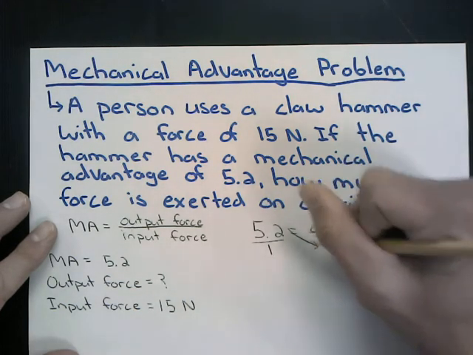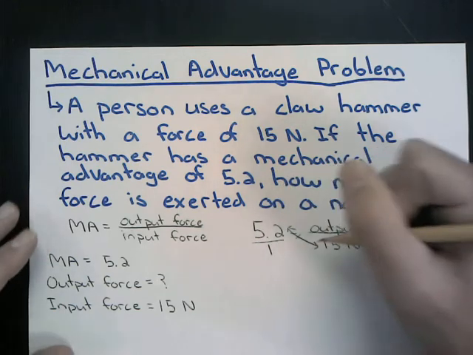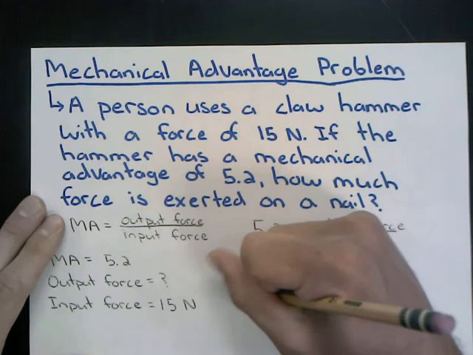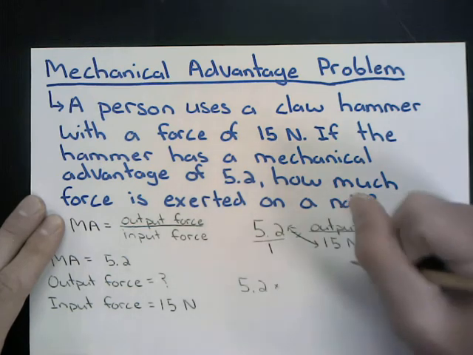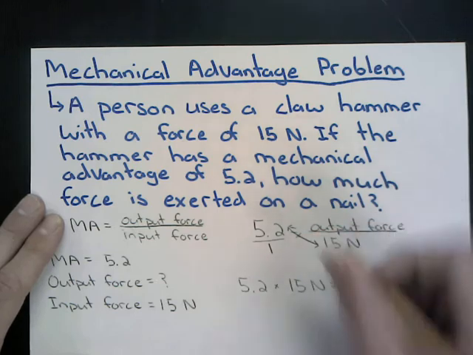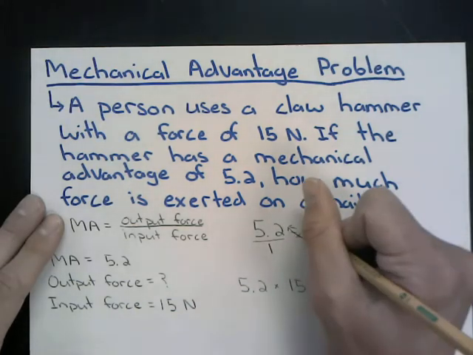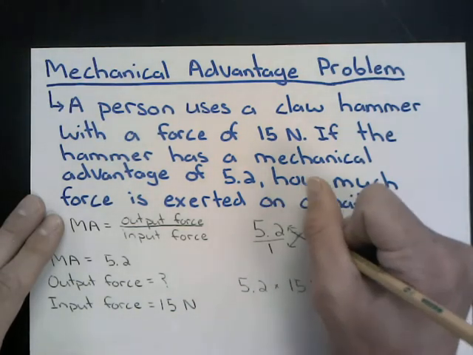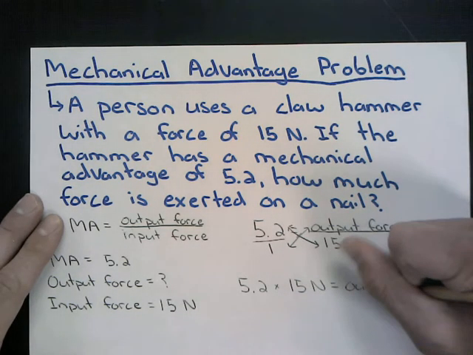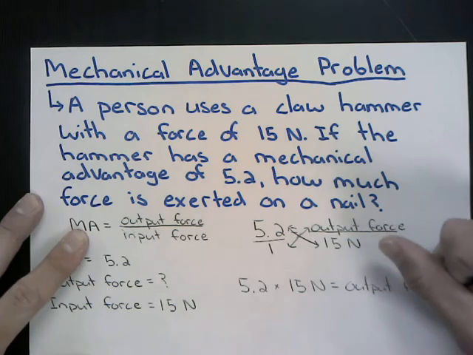So we cross multiply. We end up with 5.2 times 15 newtons equals 1 times your output force, or you could just put output force because anything times 1 is itself.